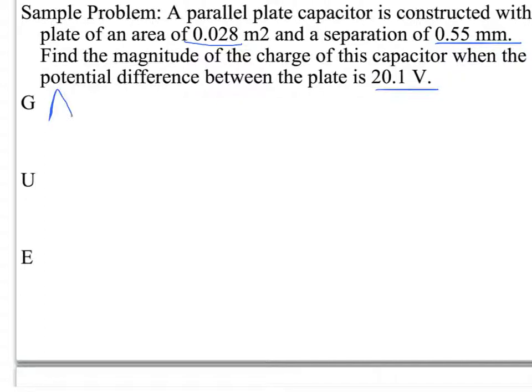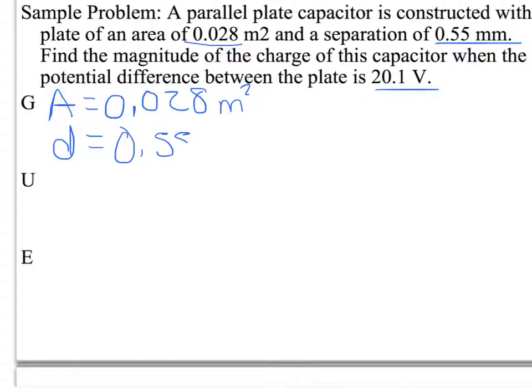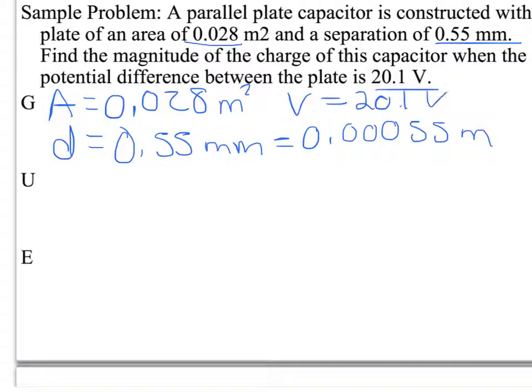Again, area equals 0.028 meters squared. Distance, or D, remember D and X can be interchangeable, is 0.55 millimeters, which is also equal to 0.00055 meters, and voltage equals 20.1 volts.